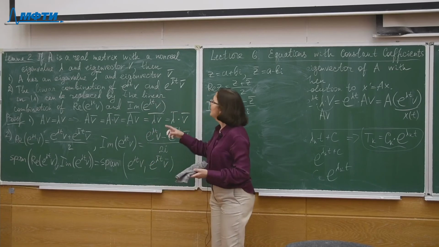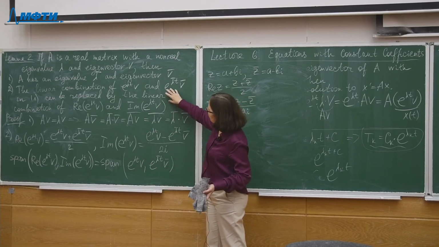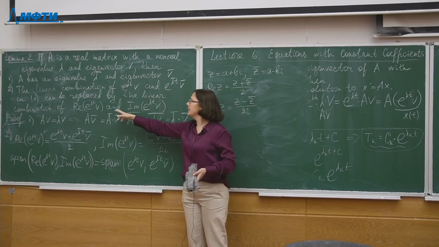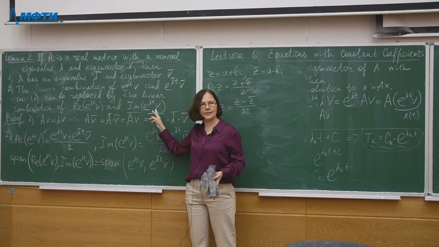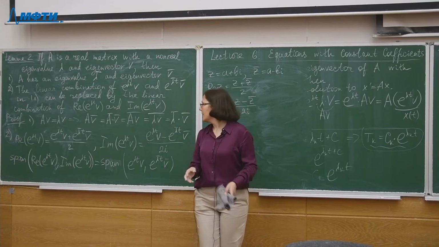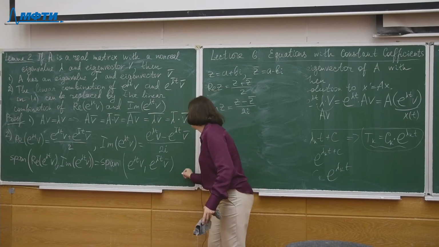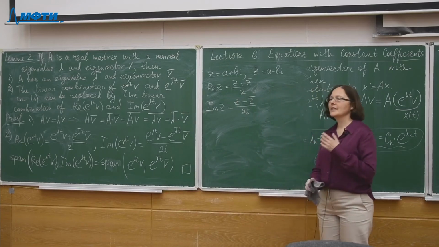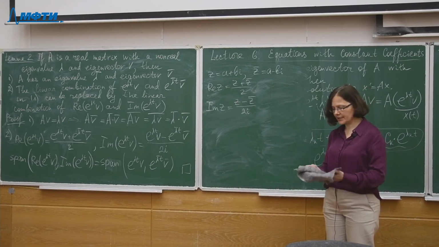And so this means that the linear combination of these two vectors can be replaced by the linear combinations of these two vectors. So this completes the proof. Theorem is proved. And now let's discuss an example of this.